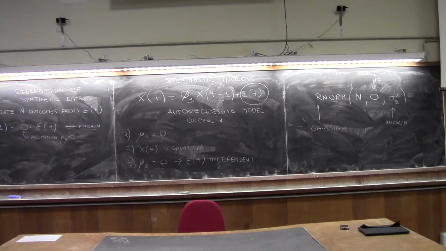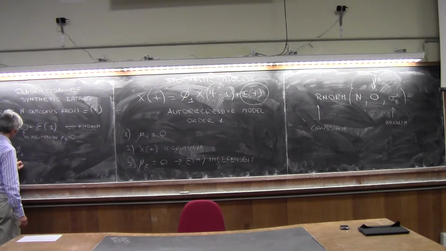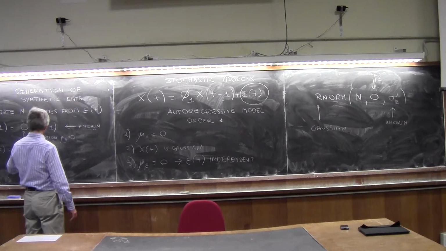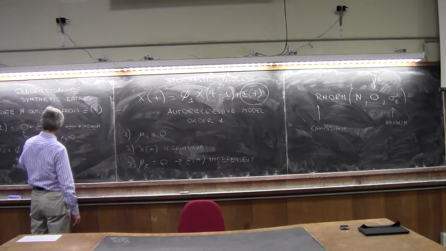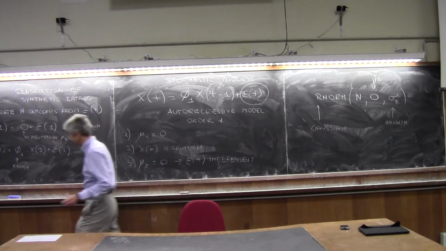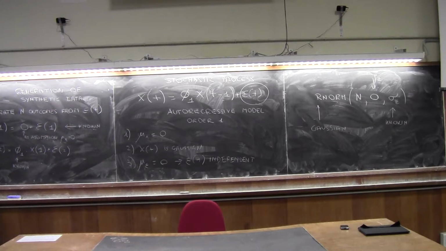Perfect. Now, third step, let me say that it's not the third step, it's 2 prime, because it's the same step I'm talking about. You generate x2. x2 is equal to phi 1, which is known, multiplying x1, plus epsilon 2, and so on to n.